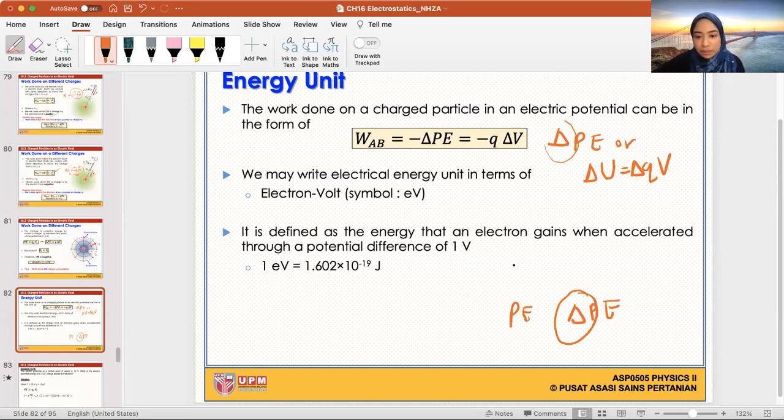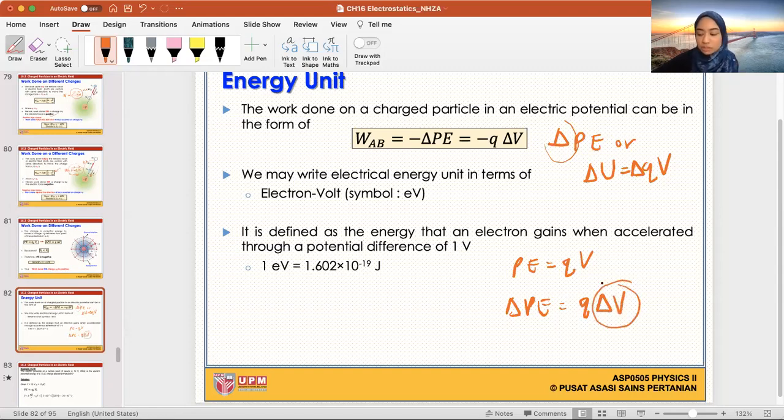So if I have a PE and this is the equation, if I want to make it delta PE, I need to put in the delta somewhere. So the only possible place to put the delta here is at the V, because I am moving my charge. I am using the same charge. I'm not changing charges, so I can't change that. So the only possible place to put in the delta is next to the V. So the change in potential.